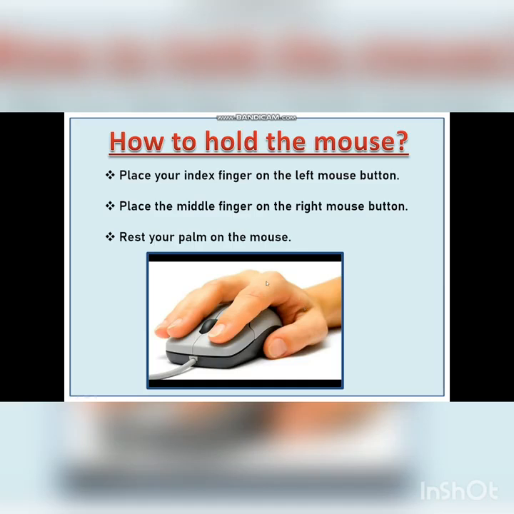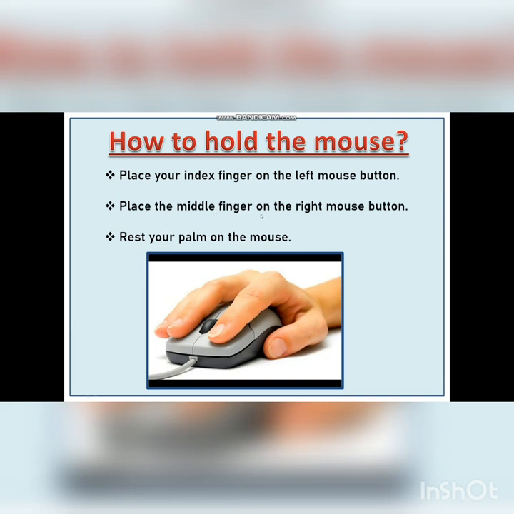Now students, as you can see in the picture provided on the slide, when we press the left mouse button with our index finger, we call it a click. Now how to go for a click? We will place our index finger on the left mouse button. So this is how we use the left click.